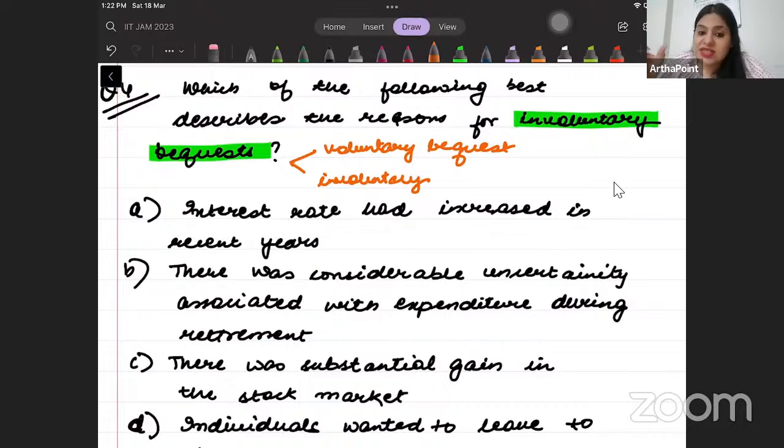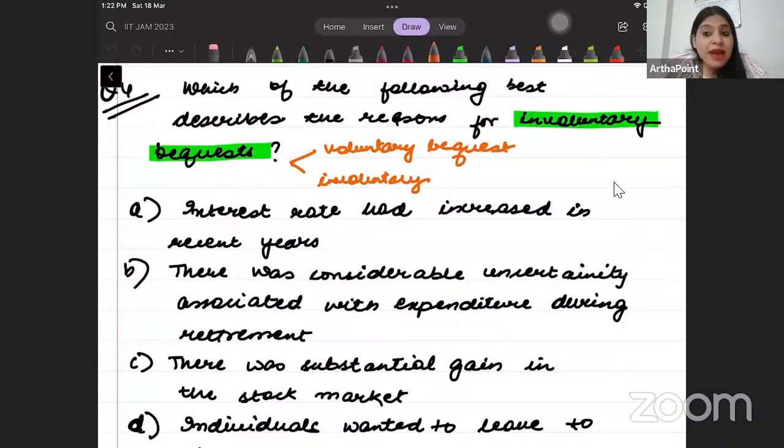Because there is some uncertainty associated with how you will spend your own retirement, about what will be your expenditure during your retirement. So usually when you are uncertain about your future, it's like this. Today I am keeping a house saying that this is for my children.